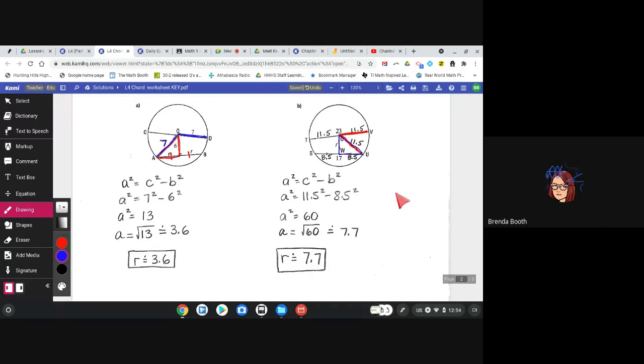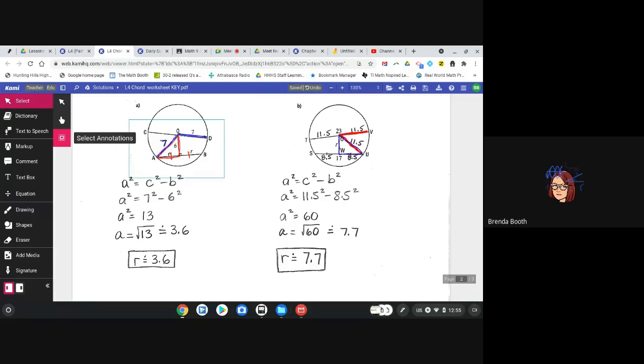Now, it's hard for me to know exactly what kind of mistakes you guys might be making because I don't get to see your work. But I'm going to base this on what I've seen other years where students were just trying to make a right triangle just by adding any old line on there.